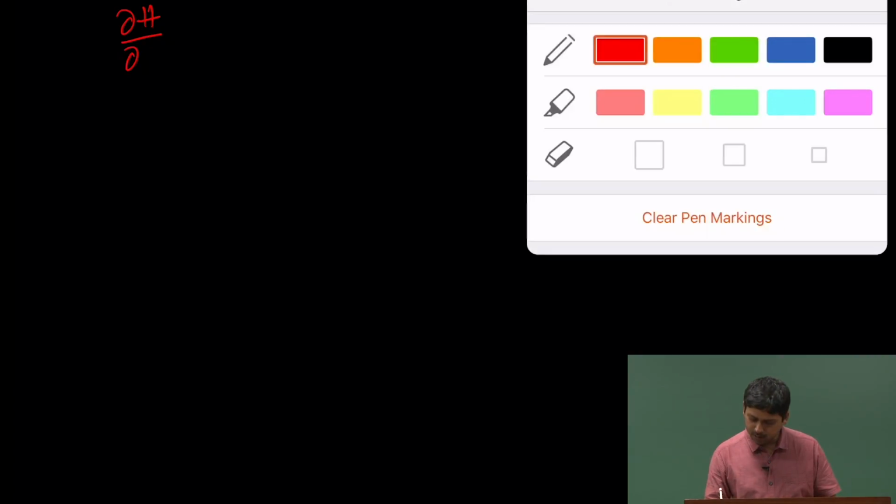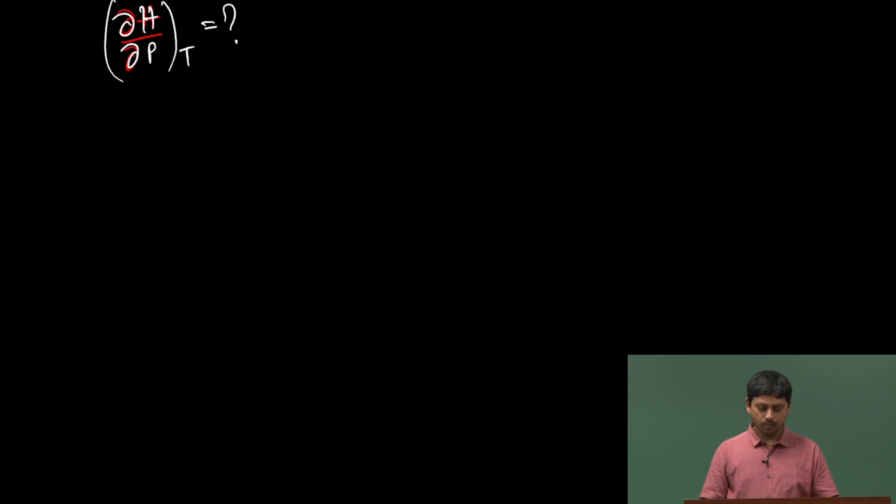We have to calculate del H by del P at a constant temperature. This is what we are going to calculate, right. So, H is, I am going to do it a little bit faster now.